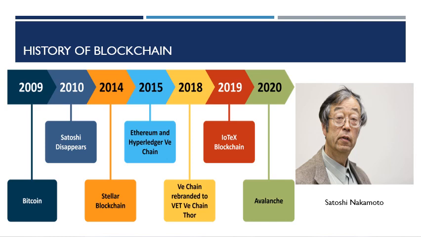In 2015, the Ethereum Frontier network was launched, enabling developers to write smart contracts and apps that could be deployed to a live network. In the same year, the Linux Foundation launched the Hyperledger project.